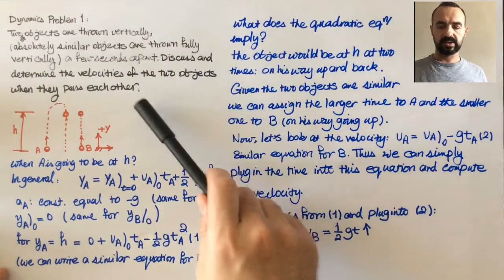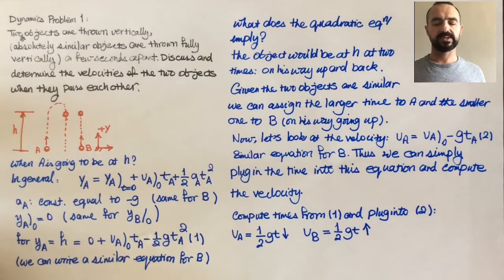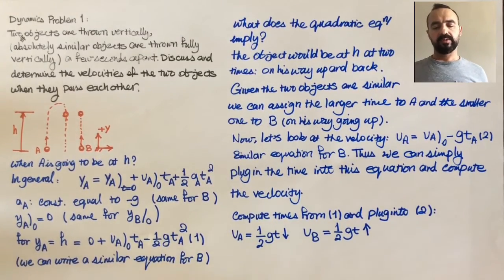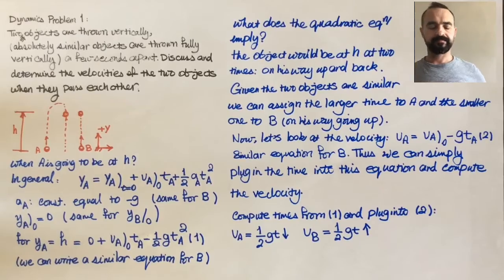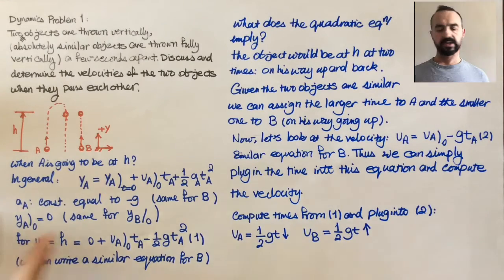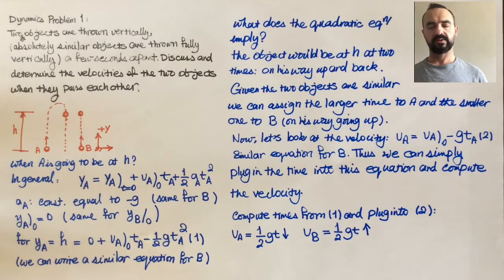And the question is to discuss and determine the velocities of the two objects when they pass each other. So the two objects are exactly the same. I guess it's not a bad idea if I could cover the solution part. Next time I'll do that.